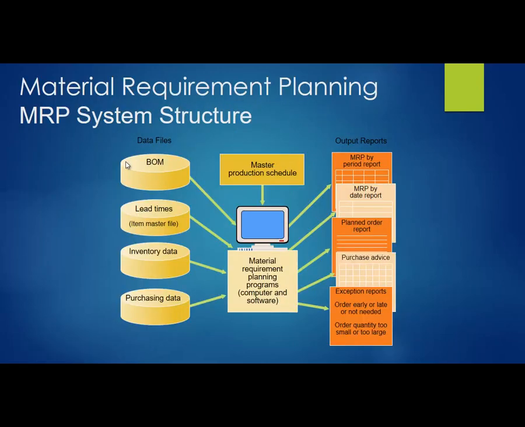Let's start with material requirement planning, which is a production planning, scheduling, and inventory control system used to manage manufacturing processes.